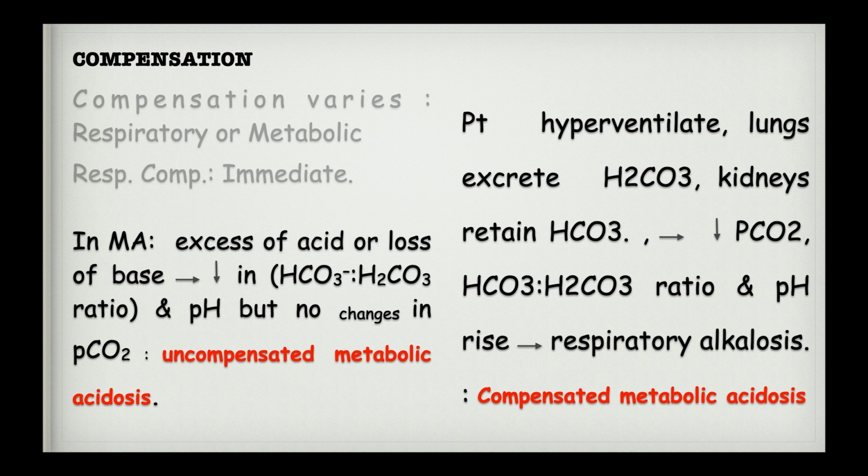This results in a fall of the carbon dioxide and bicarbonate ratio, and there is a rise in the pH, which generates a respiratory alkalosis that will move the pH back to normal. This is what we call compensated metabolic acidosis.